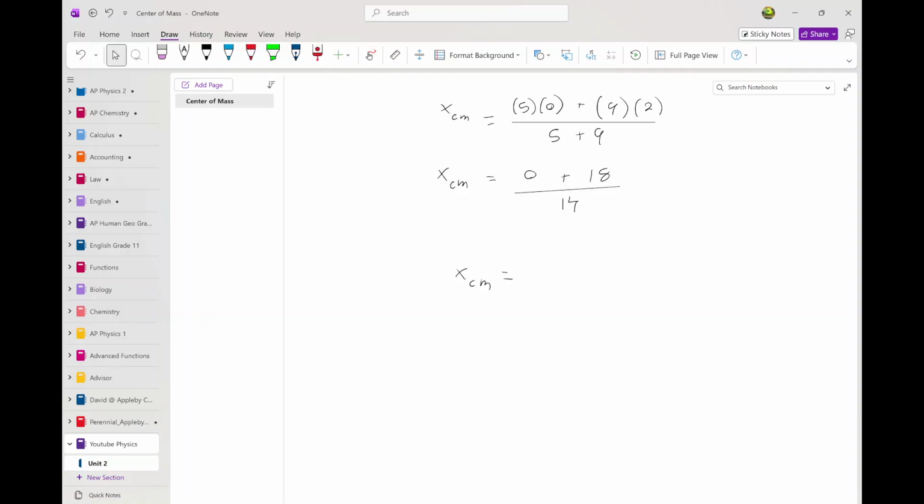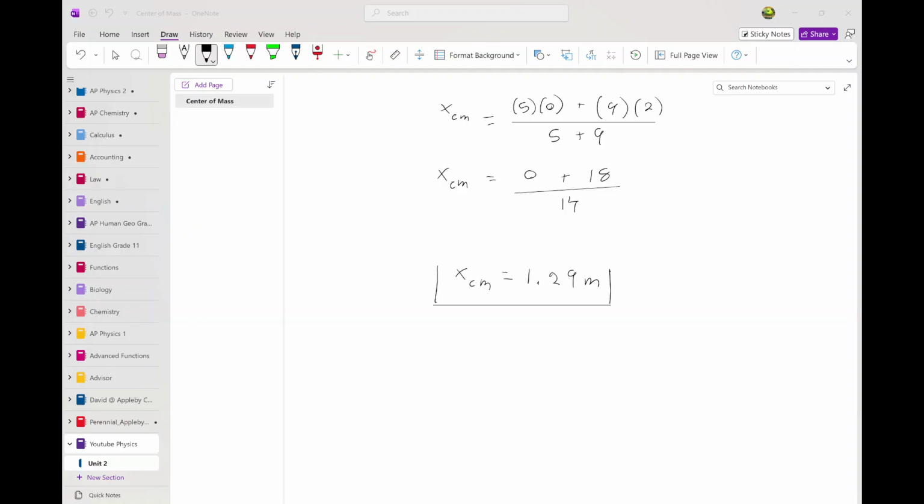Something like that. Let's see, 18 divided by 14 is 1.29. So 1.29 meters. That would be the center of mass for these two objects. So really, it's quite simple there.